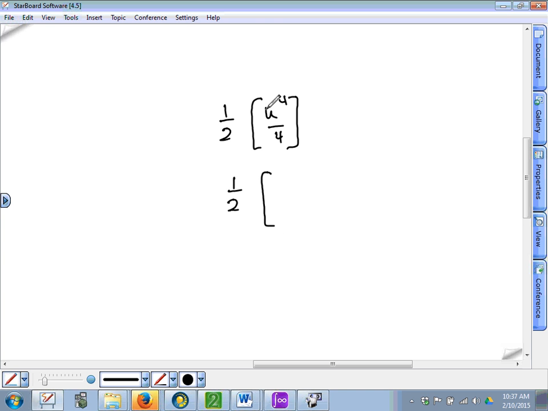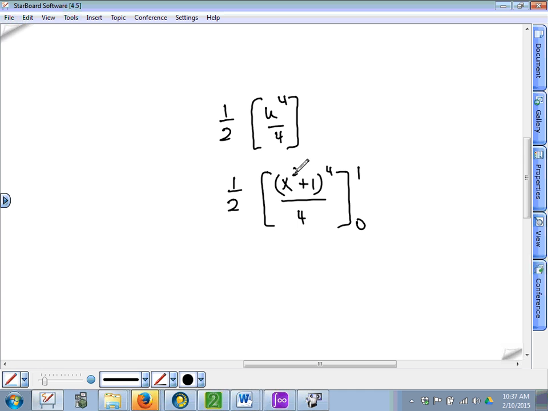What was u? x squared plus 1 to the 4th over 4, and then we could go back to the original bounds. Because now we're in terms of x again. Would it give us the same thing?